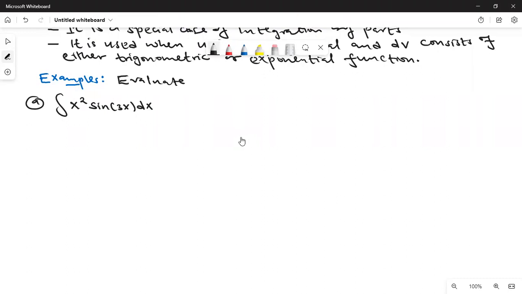Now look at our functions. This one is a polynomial. It is algebraic. And this other one is trigonometric because sine 3x is a trigonometric function. So we said whenever u is a polynomial, which is algebraic, then we use tabular integration.